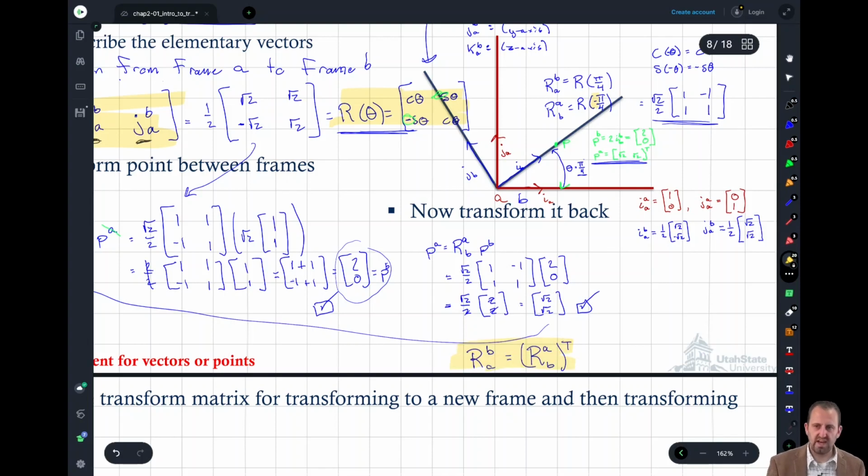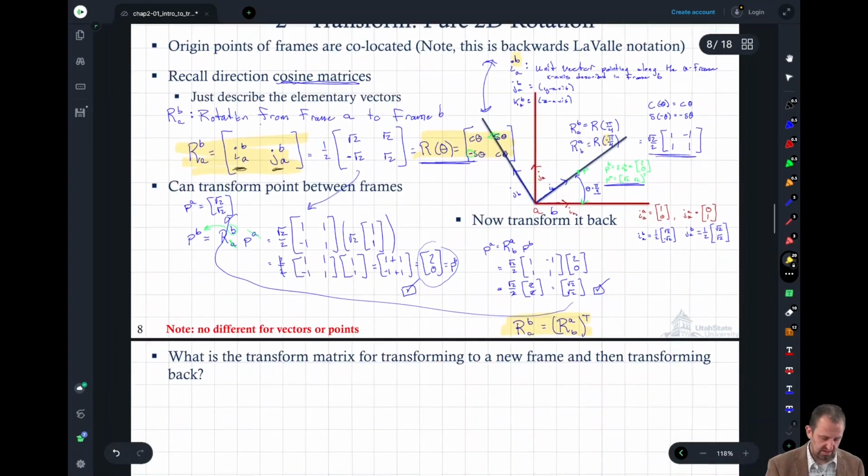So that's a really nice property. If we want to get the reverse transform, all we do is we take the transpose. That actually holds for both 2 dimensions and 3 dimensions. Okay, so we've got a nice little example there.